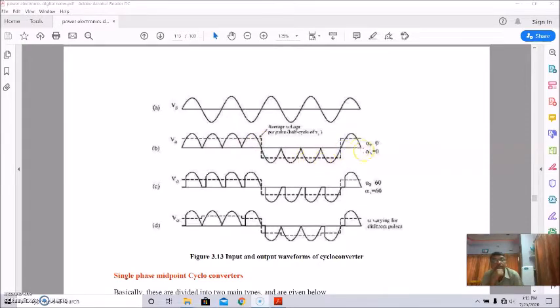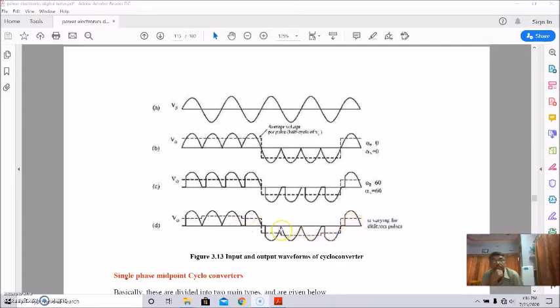And this is alpha. This is for alpha equal to 0, and this is for alpha equal to 60 degrees. By varying the firing angle for different pulses, something like this.